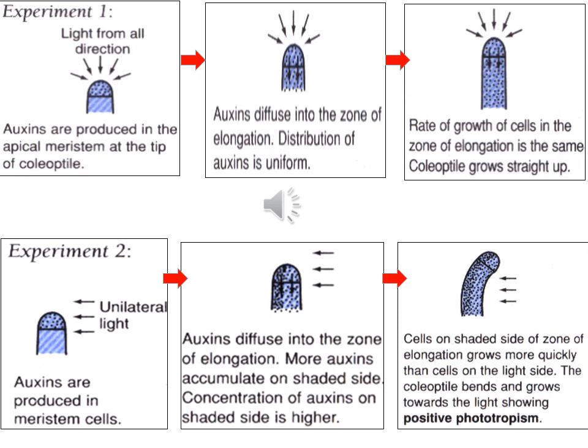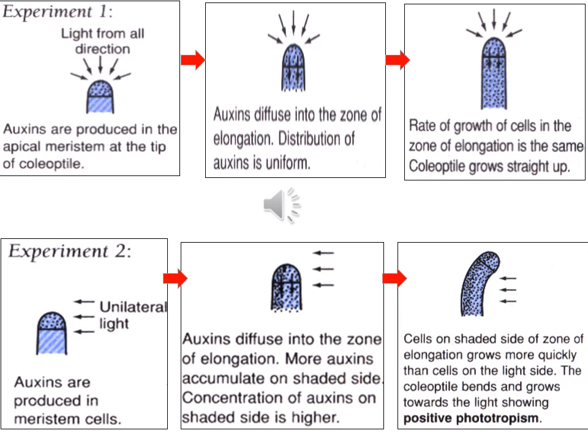Okay, this is another experiment. Experiment 1 shows light from all directions, and the result is that the rate of growth of cells in the zone of elongation is the same, so the coleoptile will grow straight up.